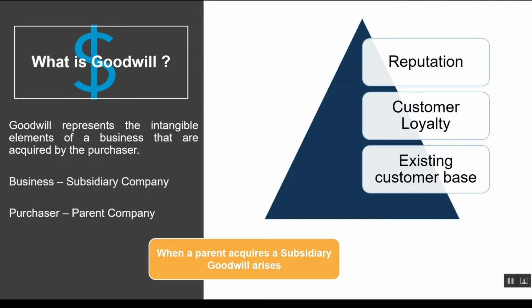So reputation constitutes goodwill. The second one is customer loyalty. Customer loyalty towards the company will increase the value of the company. Further, if a company has a good customer base, that will also lead to a higher price. So these are the basic elements of goodwill.